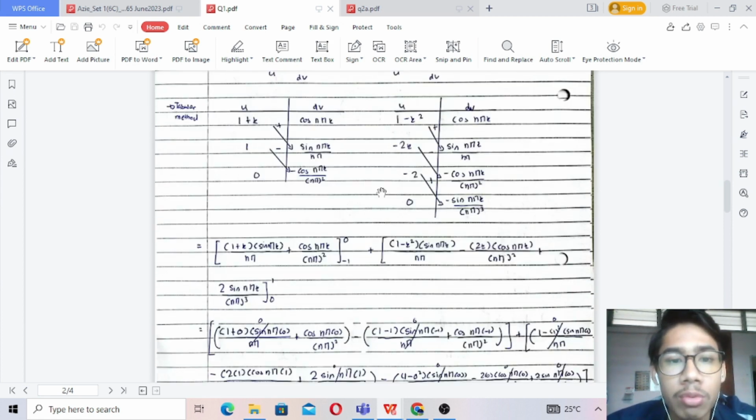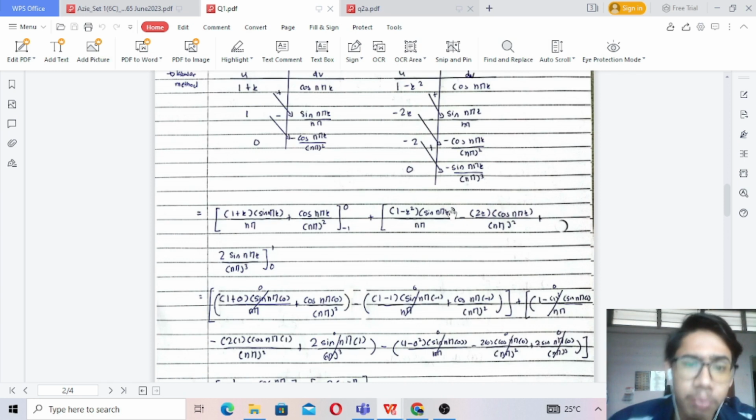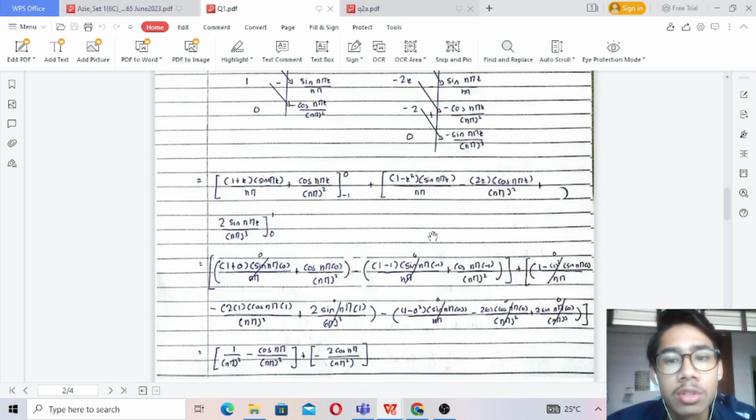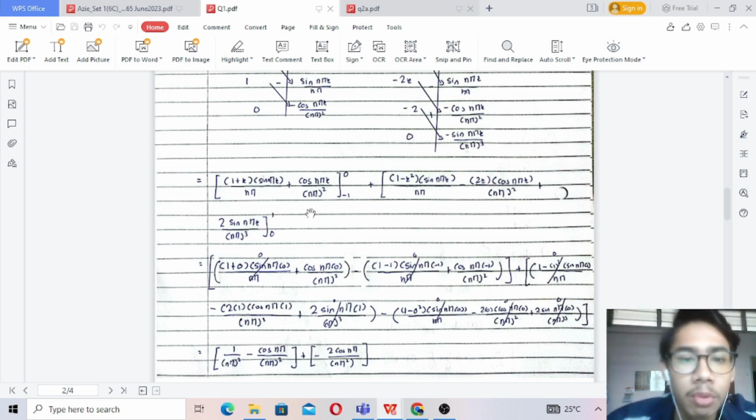After that we draw the diagonal arrows and put the signs plus, minus, plus, minus, plus. Then we put it together and get this statement of the formula.